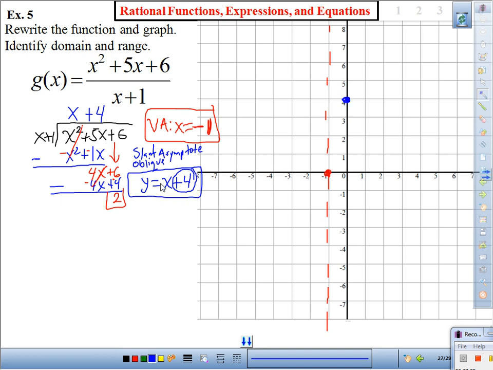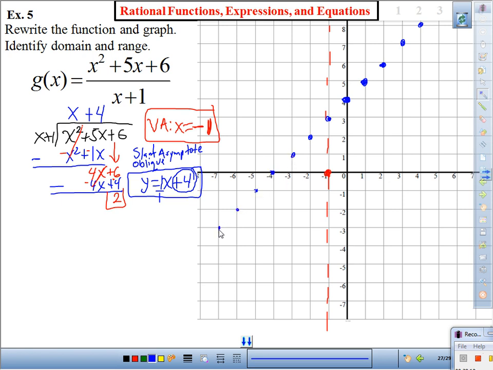What is my slope? 1, which is 1 over 1. That means one step up, one to the right. Plot your point. Do it again. One step up, one to the right. Plot your point. Do it again. Then we can go the other way. One step down, one to the left. Plot your point.